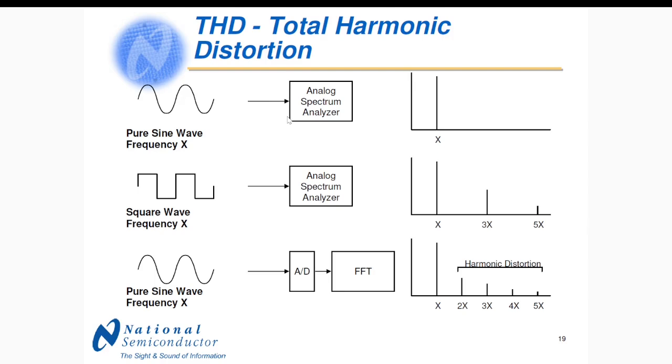You will see just one peak, because it has only one frequency, whatever that frequency X is, it can be in hertz, kilohertz, megahertz, whatever. You will simply see one peak, because this is the Fourier transform of the signal.